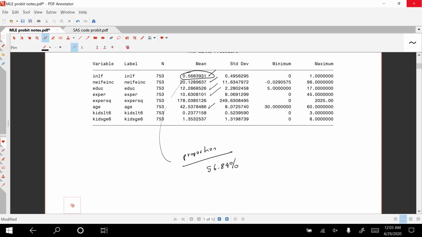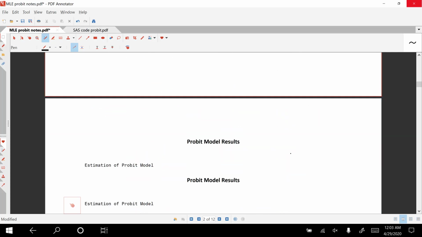The number of kids, the average is 0.23 that are less than 6 years, so it can go from 0 to 6, and the number of kids between 6 and 18, average 1.35, but it's between 0 and 8. Okay, so that's the context.